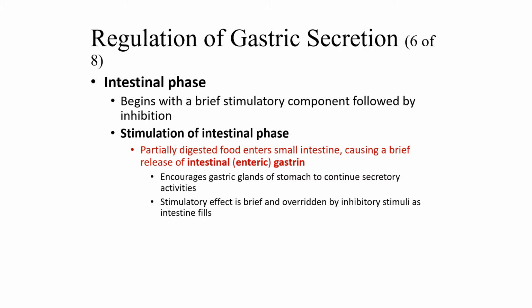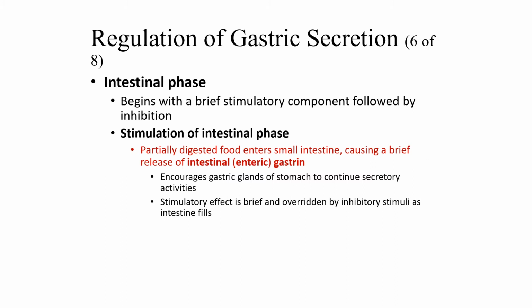The intestinal phase. So basically, when the chyme is propelled into the small intestine, into the duodenum, then that is going to stimulate the duodenum to release intestinal gastrin. Intestinal gastrin. It's also called enteric because it's in the intestines, enteric. It's easier to remember gastric gastrin or stomach gastrin, and then intestinal gastrin.